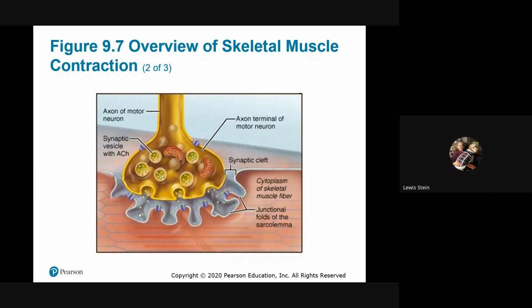And I'm using the term advisedly. You'll see why as we move forward. So this is just the junction. And the whole ball game is if we get enough of these triggered to change that resting membrane potential to a number we call threshold, it will cause this signal, basically this whole membrane, to basically flip-flop in the sense of going from positive on the outside to negative on the inside rapidly, chain reaction all across the membrane of the entire muscle fiber.